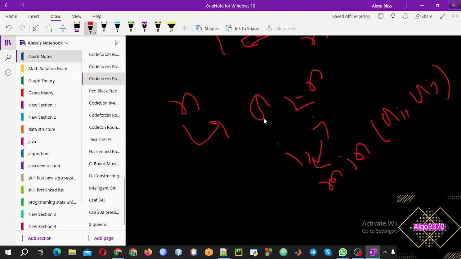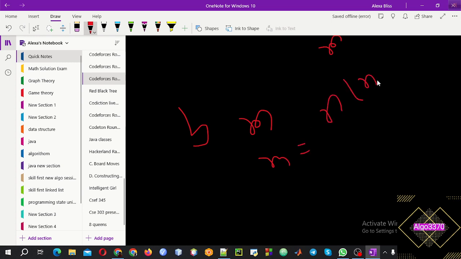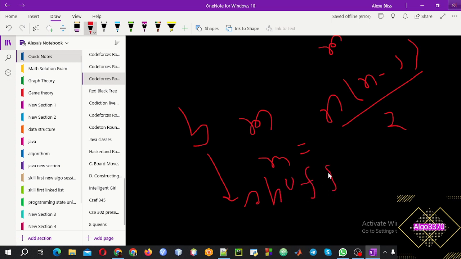These collected elements are stored in another array b, whose length is m. Here m is equal to n times (n minus 1) divided by 2. He shuffled this array b.